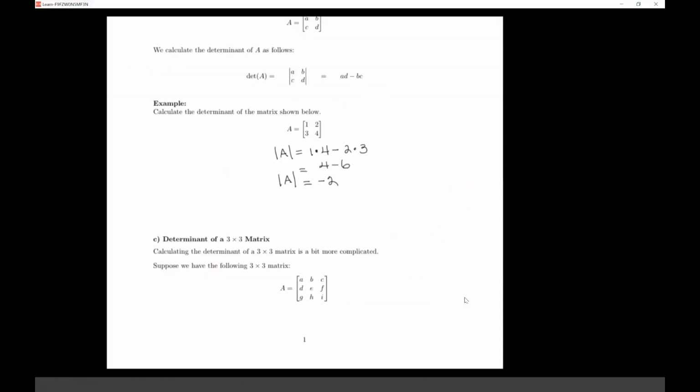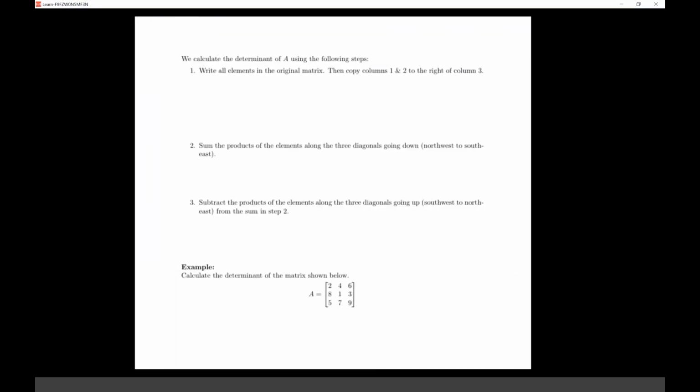Again, let me just show you how it's done for a 3 by 3 matrix. I'm just showing you the pattern that's involved in finding a determinant. There's a little strategy that makes this a little easier. You can see I have my 3 by 3 matrix here, A, B, C, D, E, F, G, H, I. What I'm going to do is rewrite the elements in the matrix, and then copy the first 2 columns.